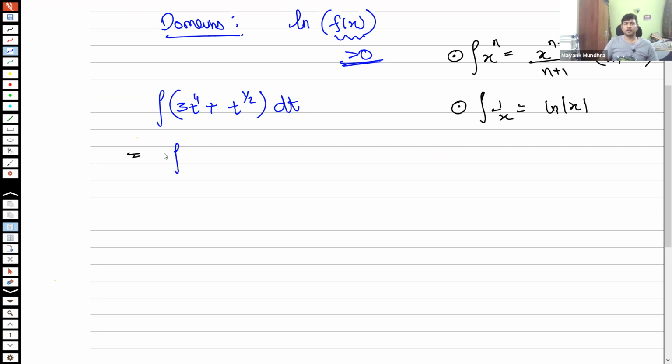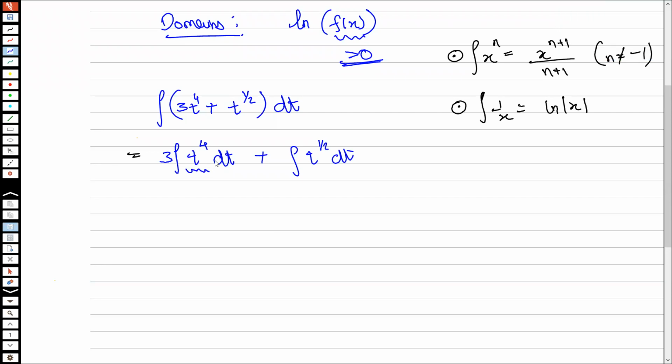From this formula, this can be written as integral 3t to power 4 dt plus integral t to power half dt. So Yuvakshi, what is integration of 3t to power 4 dt? Sir, 3t raised to the power 5 upon 5.